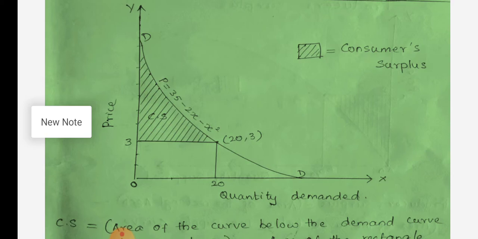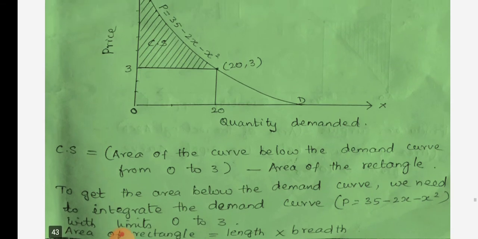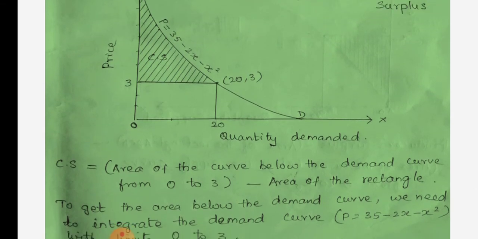Now, how to find that shaded portion? Since we have learnt integration, using integration we can find the area of the shaded portion. Consumer surplus is given by the area below the demand curve from 0 to 3.